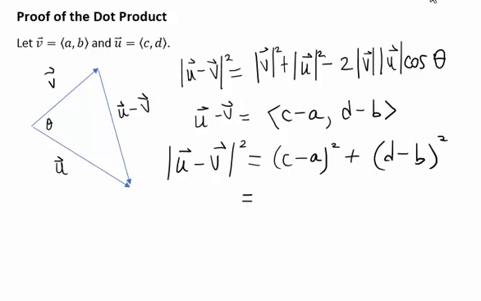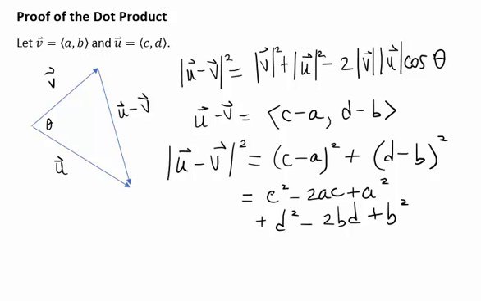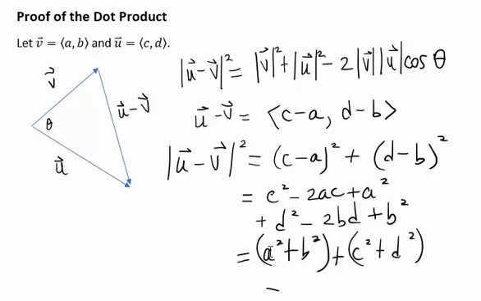And simplify. So when we square a binomial, I would get c squared minus 2ac plus a squared, and plus d squared minus 2bd plus b squared. We're going to kind of regroup. Okay, so a squared plus b squared plus c squared plus d squared, and factor out from the other two terms a negative 2.